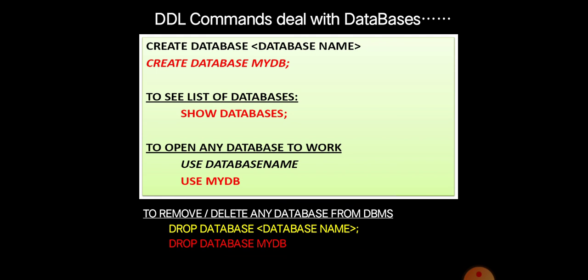My dear children, when we apply the drop command to a DBMS, that command will remove the database from the database system, that is from our system. It cannot be recollected or recovered from the hard disk.